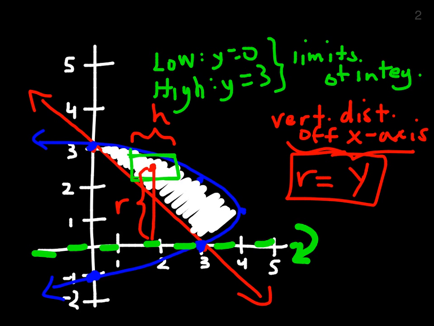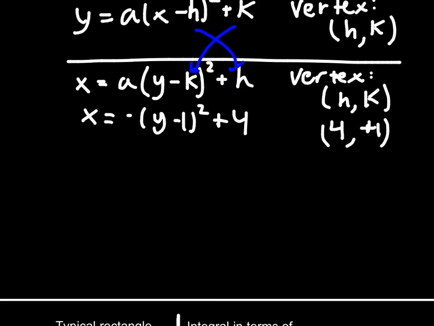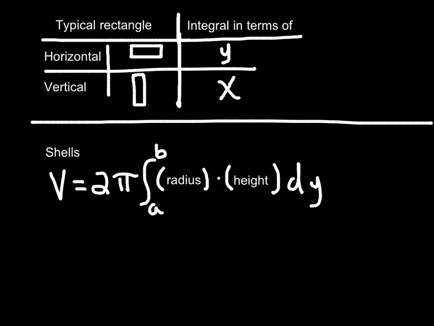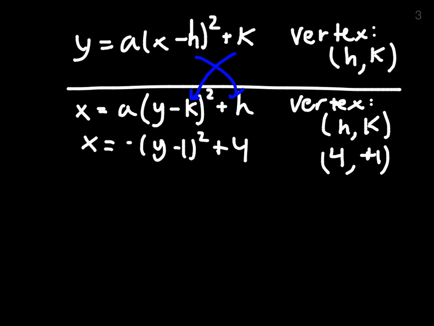The height is a horizontal distance, and we have to recognize that the distance to the line and the distance to the parabola, if we were to subtract these, we would get the distance for the height of the rectangle. But when you're talking about the horizontal distance off the y-axis, that's an x equals distance. And so, let's do it here.